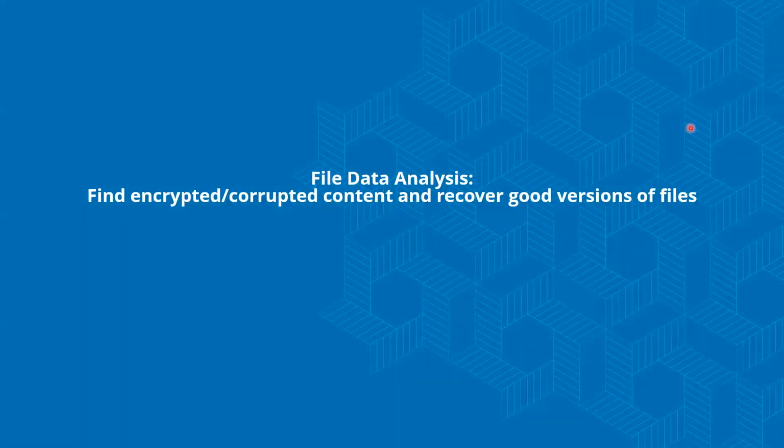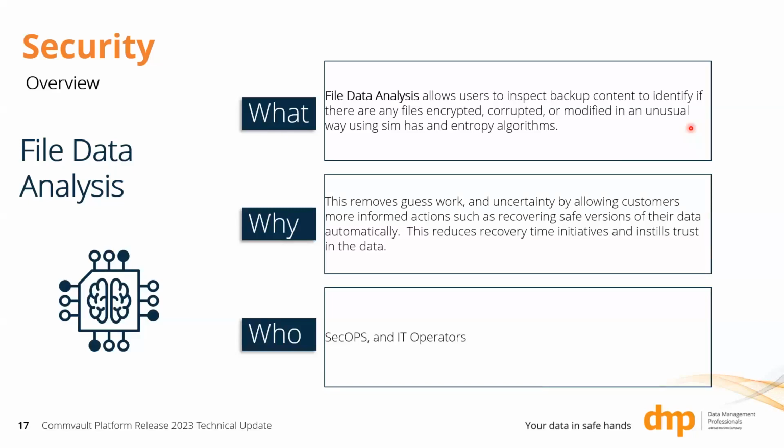So the first one, file data analysis. Let's take a little bit deeper look into this one. Early adopter. File data analysis allows users to inspect backup content to identify if there are any files encrypted, corrupted, modified, or whatever. It really gives you a good overview and gives you the possibility to scan files which you see marked on the file anomaly dashboard, which will be shown in a moment.